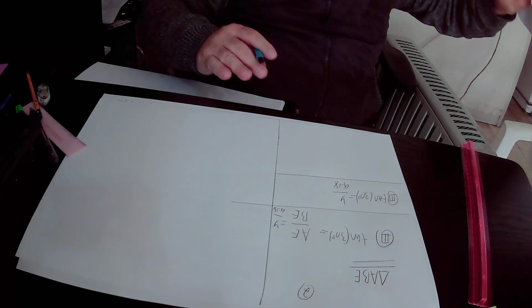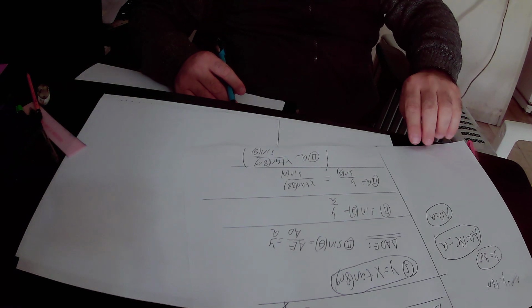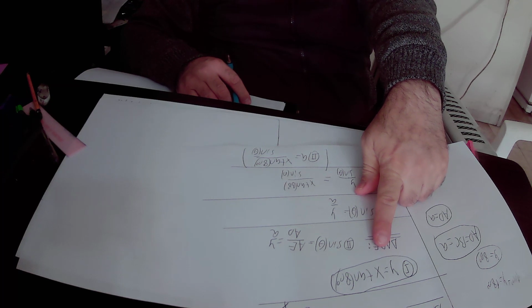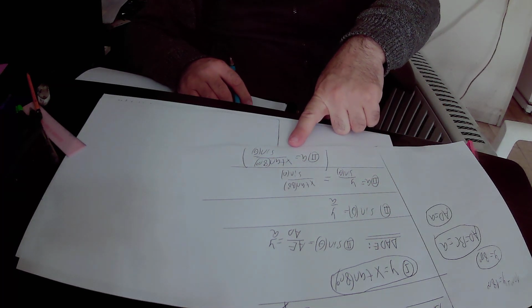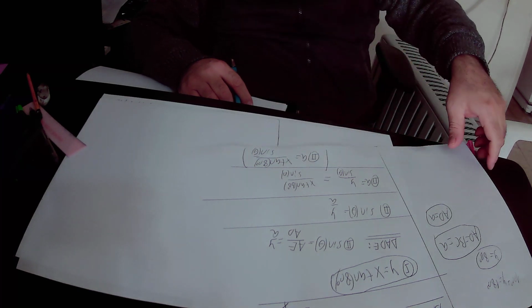According to equation number 1, y equals x tangent 80 degrees, and according to equation number 2, A equals x tangent 80 degrees over sine theta.